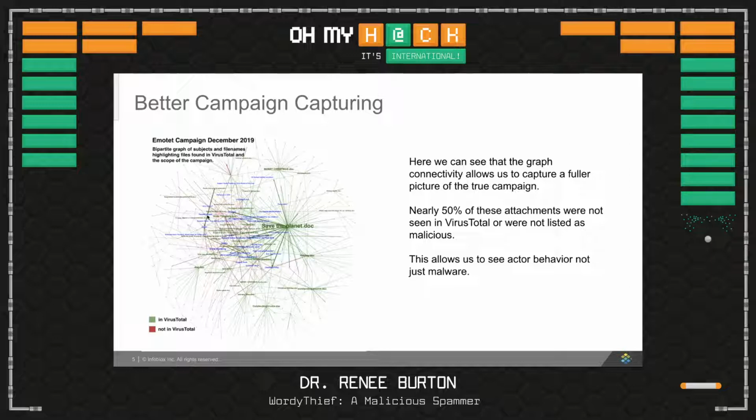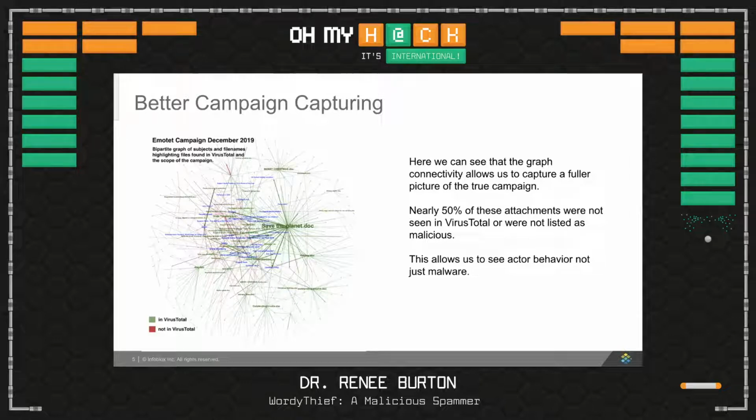And we can see that because we allow for connectivity, we're able to discover things that aren't otherwise observed or known to be malicious. So in this graph, this is a connected component from that data set that is all Emotet.